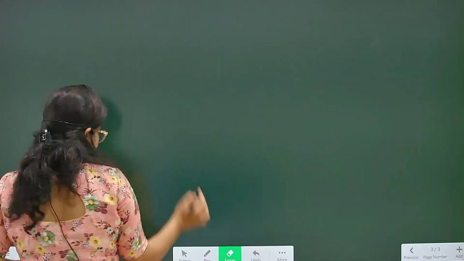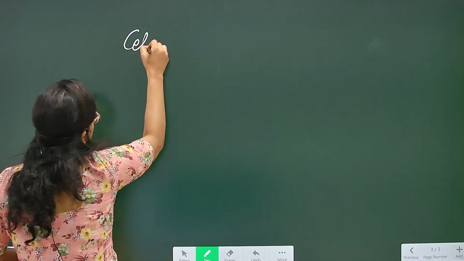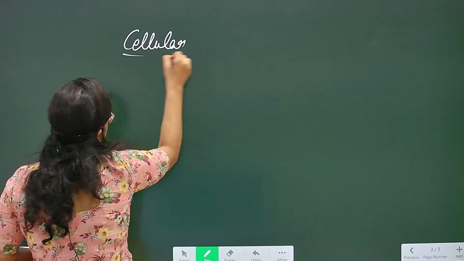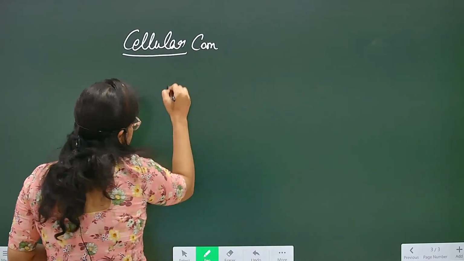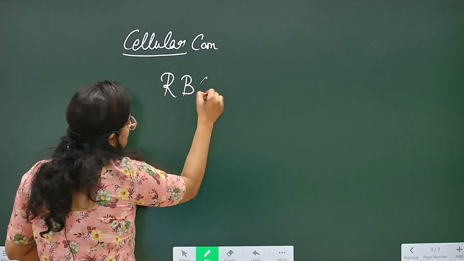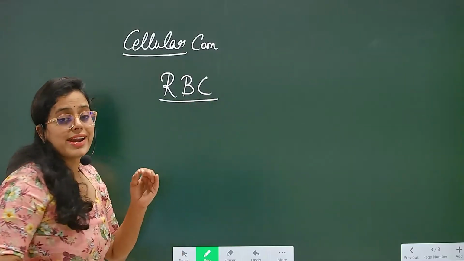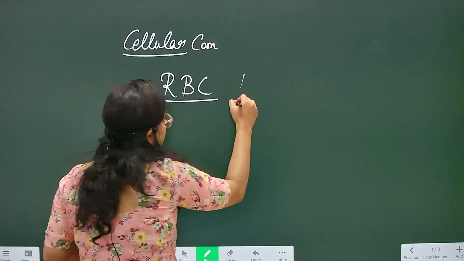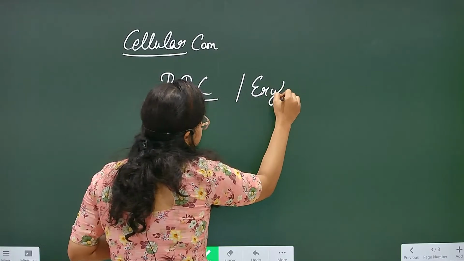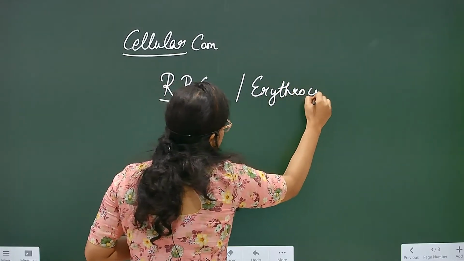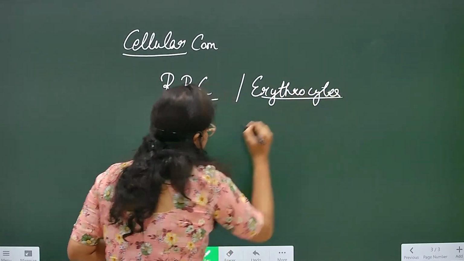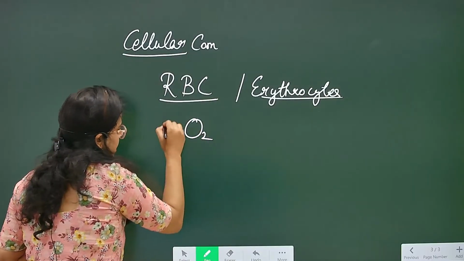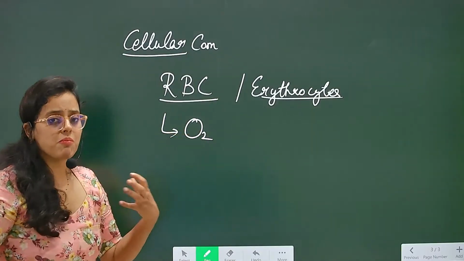Cellular components majorly consist of RBCs, which are called red blood cells, also called erythrocytes. And what is the function of the erythrocytes? They carry oxygen to different body parts.